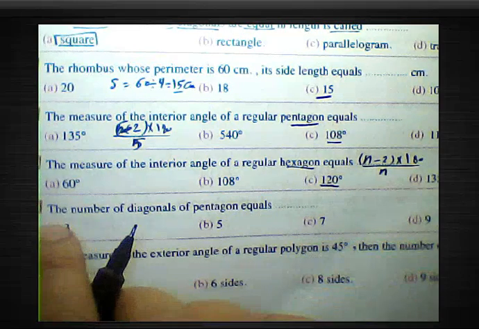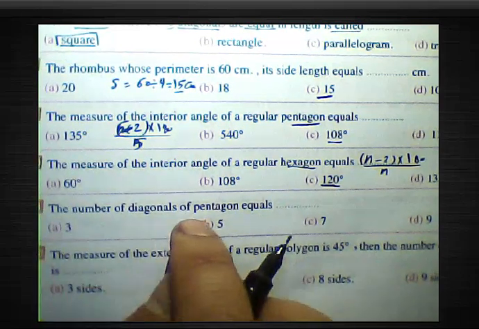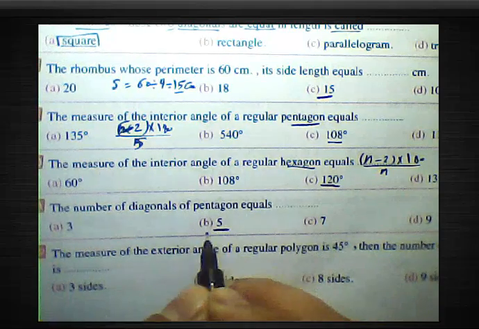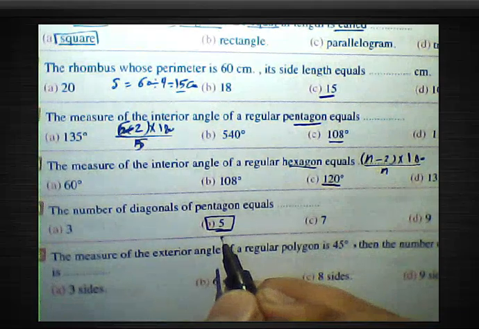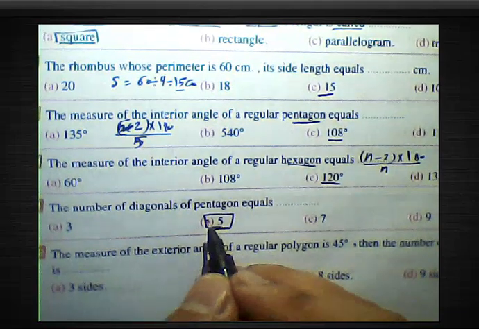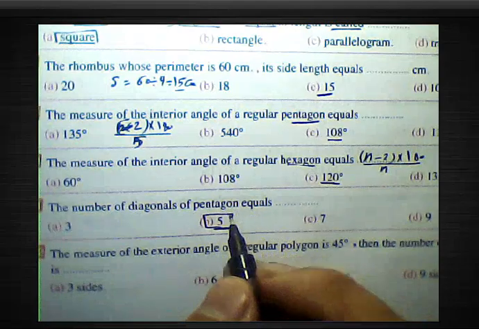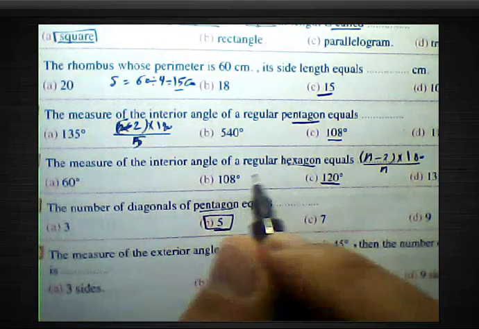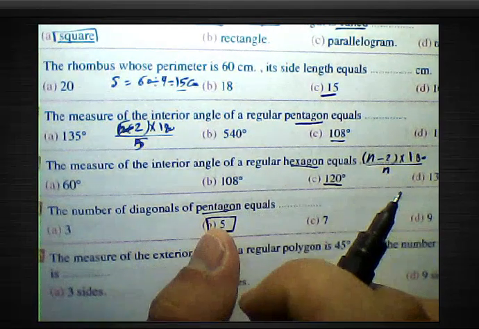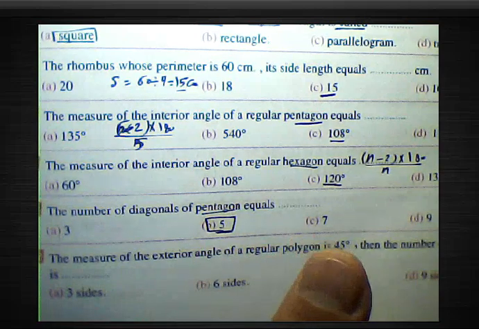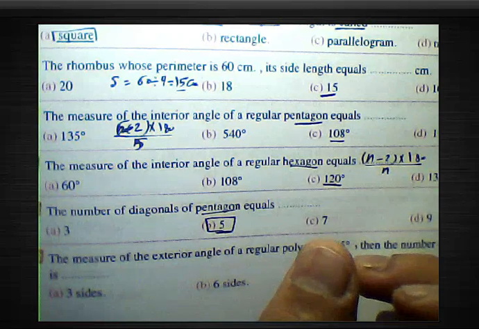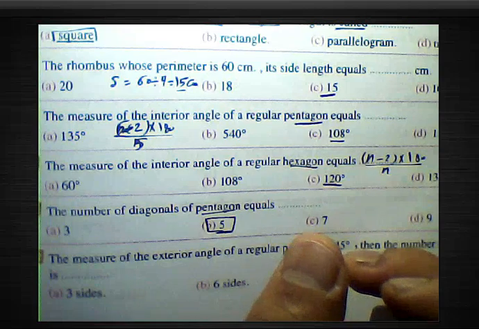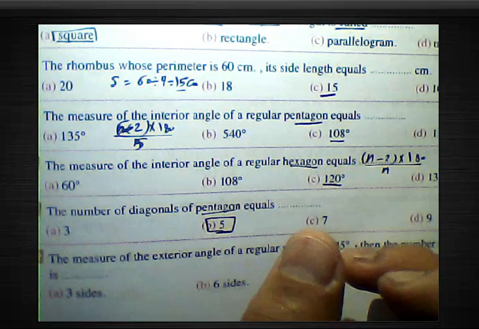Question 11. The number of diagonals of a pentagon equals 5. It's the only shape where the number of diagonals equals the number of sides. He can ask another question about this, for example, which shape has the same number of diagonals and the same number of sides.